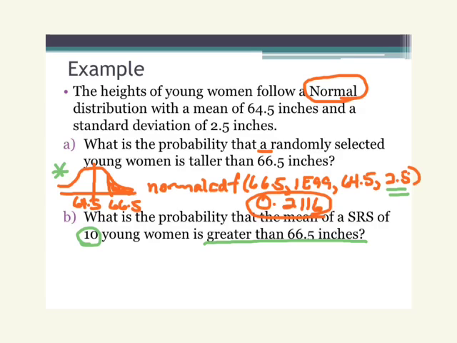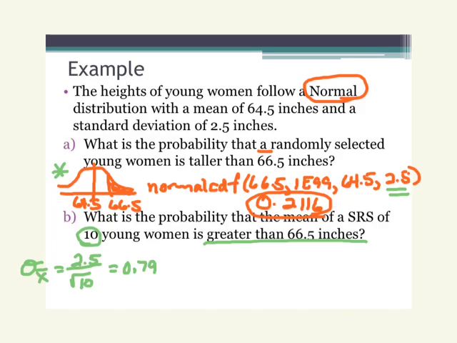So we need to calculate the standard deviation of the sample means, which we know the formula for. That is just our standard deviation divided by the square root of our sample size, which comes out to be 0.79. This is what I'm going to replace in my normal CDF command.